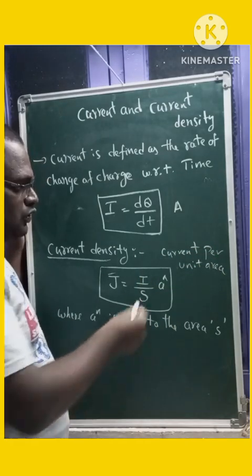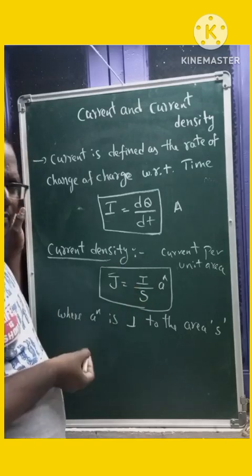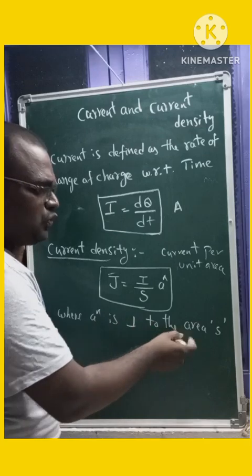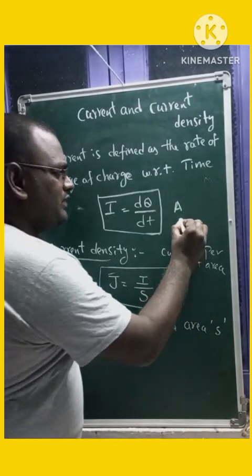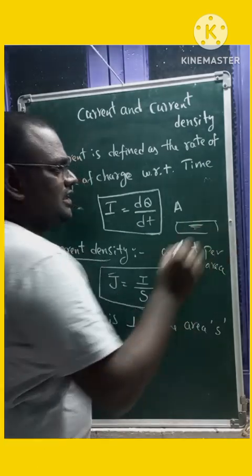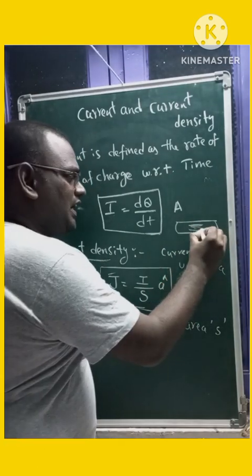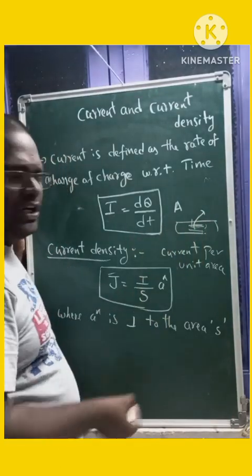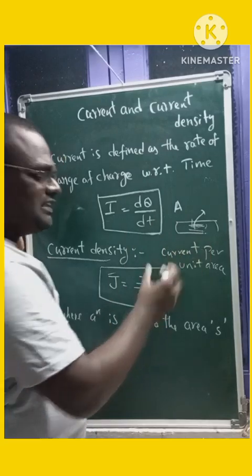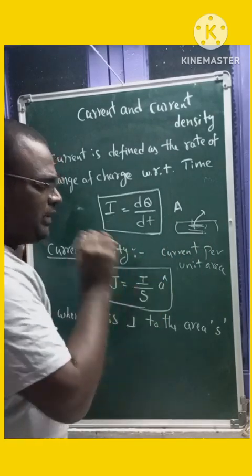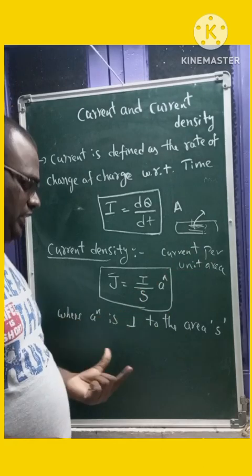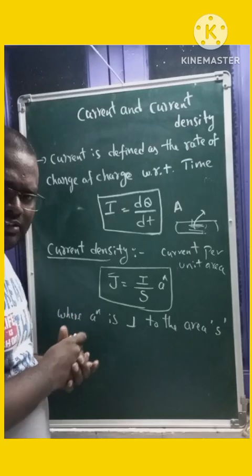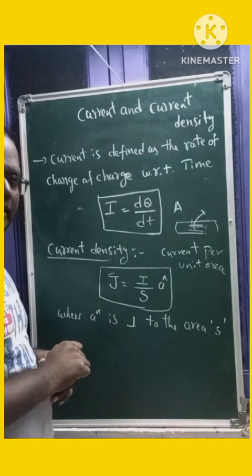A cap is the unit vector perpendicular to the surface area A. Suppose there is a conductor and the current is flowing through it, the current direction is perpendicular to the surface. This is about the current density.